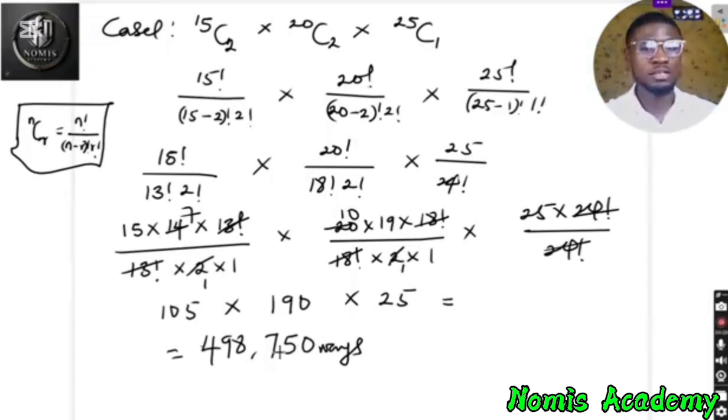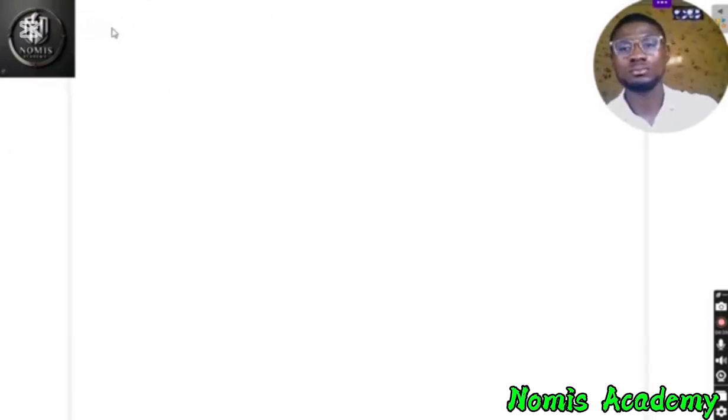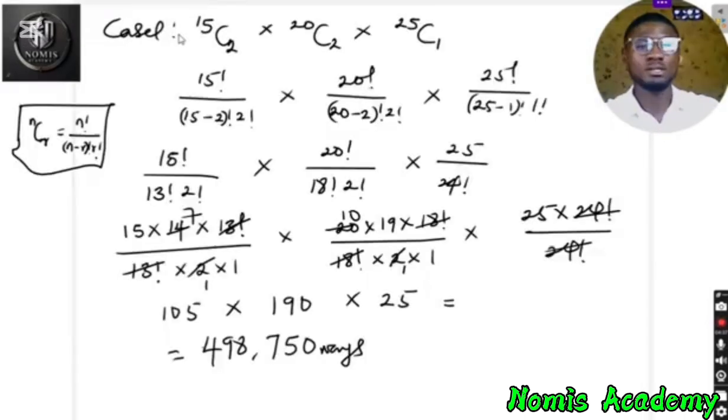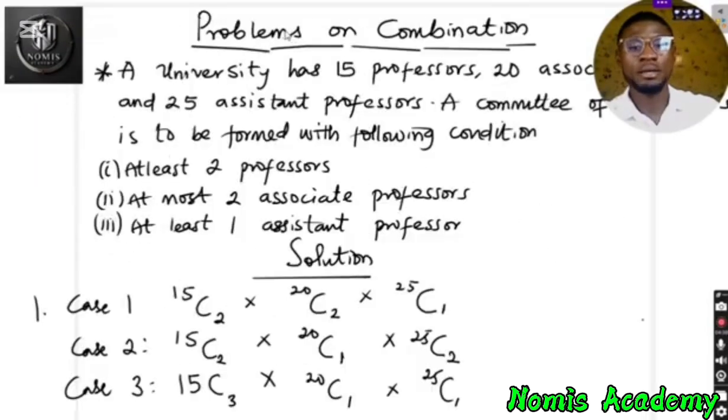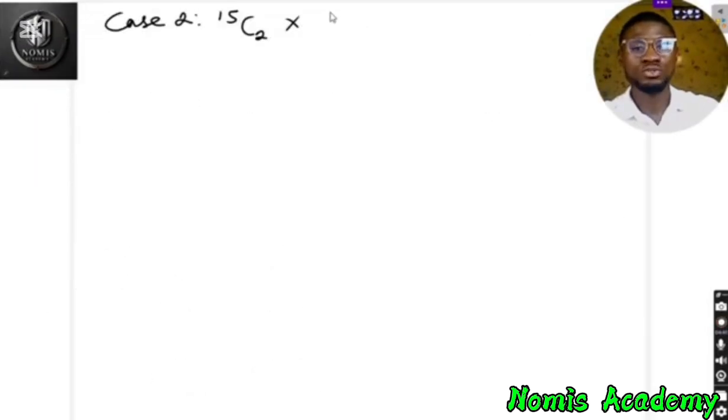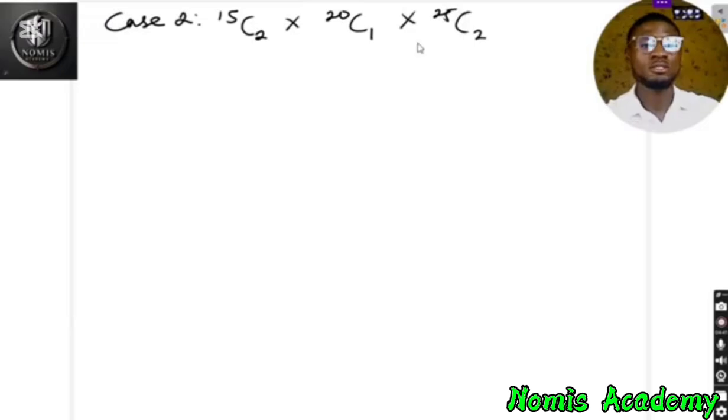So let's consider case number 2. Case 2 says that 5 combination 2 multiplied by 20 combination 1 and 25 combination 2. So we are still forming our 5.